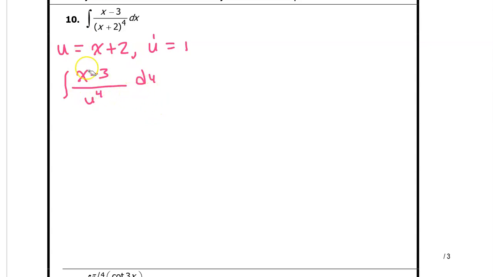So I have a problem. The x's were not canceled out like we normally love to see. So what do I do? I'm stuck. Well, not exactly. Let's use this expression right here, only let's solve for x. If we do that, we are subtracting 2 from both sides, and we get x is equal to u minus 2.